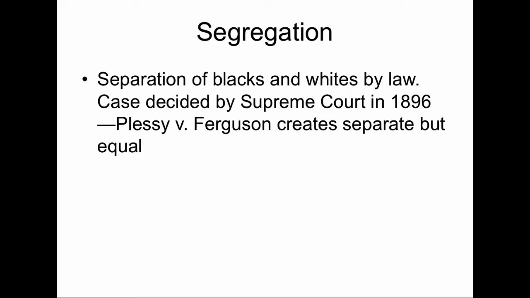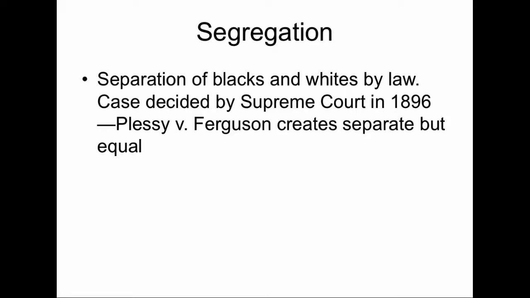And in 1896, we get the test case for segregation. It is a case called Plessy versus Ferguson. Plessy versus Ferguson is basically the case of a guy named Homer Plessy. Homer Plessy was of mixed descent. He was biracial.